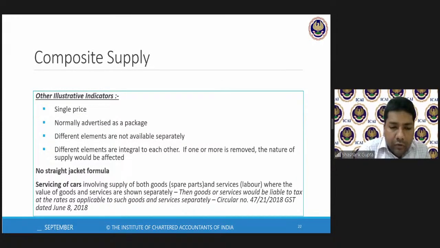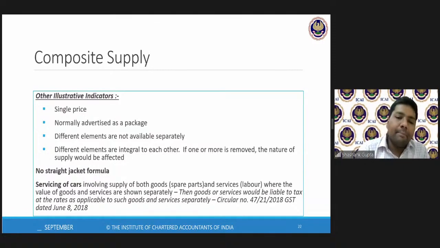So it is also important to note here that there is no straitjacket formula. It is completely basis analogy and application of practical mind that you will be able to determine whether a particular bundle of supply is a composite supply or not.